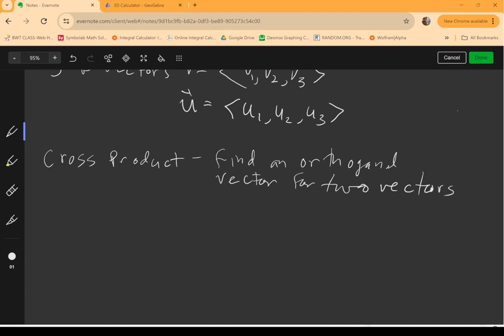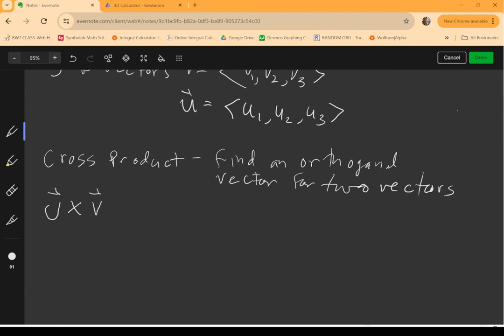Now this word orthogonal, so we're going to define u cross v. All right. So we're going to use this notation to signify the cross product. We have the dot for the dot product, and now this cross to signify the cross product.